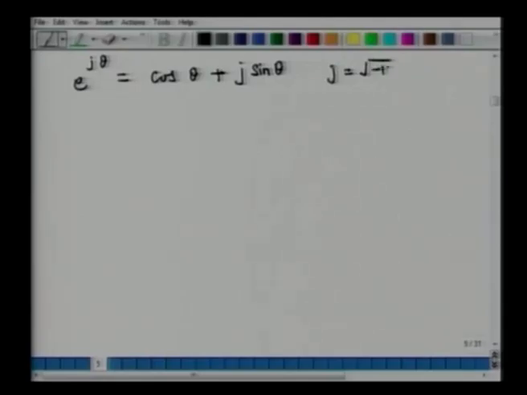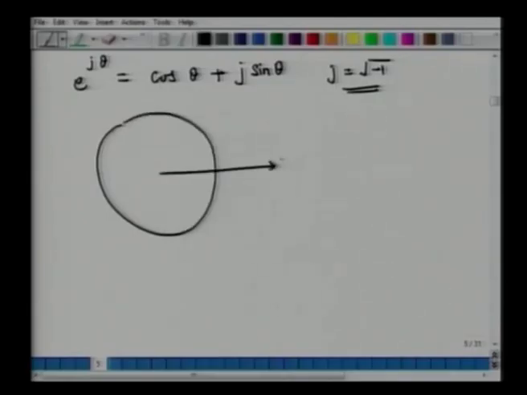Typically we use i as the square root of -1, but in this course we are using j as the square root of -1 because we are using i for other variables such as current. So if I represent this graphically, I have a real axis, I have an imaginary axis, I have a vector of radius r equals 1, and this angle is theta.